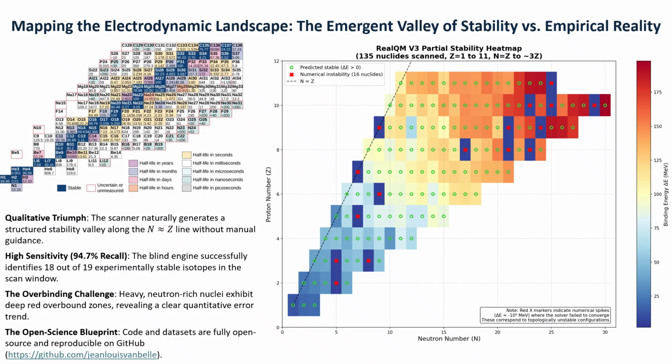It's not so obvious, because we only did 135 nuclides, different combinations of protons and neutrons. The Z number went from 1 to 11, the number of protons, and the total mass number from Z to exactly 3Z.